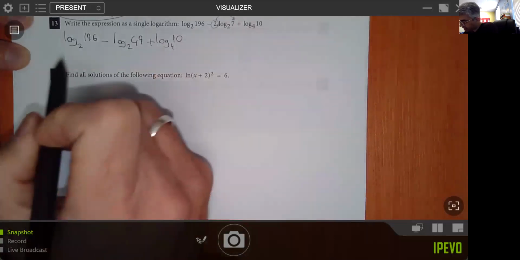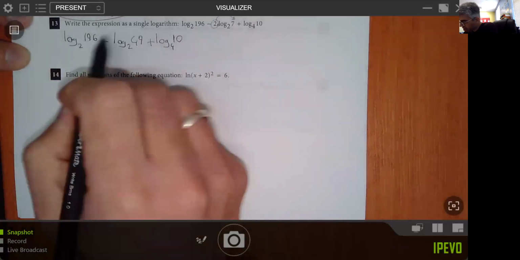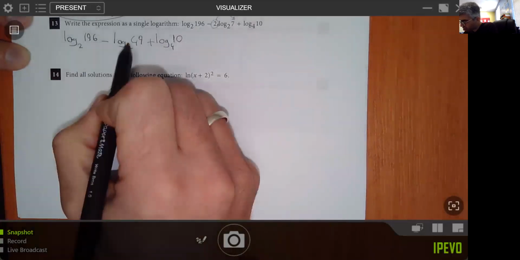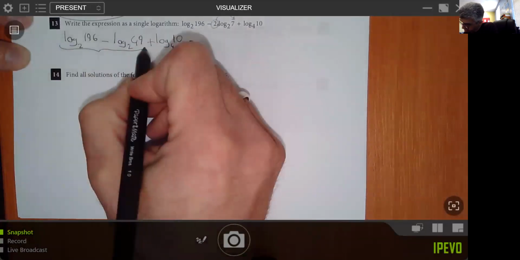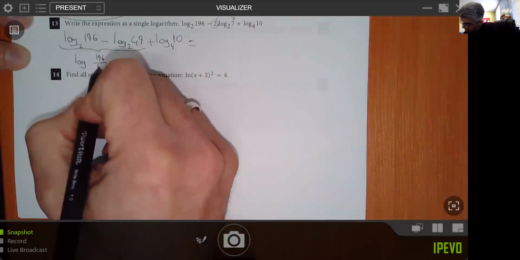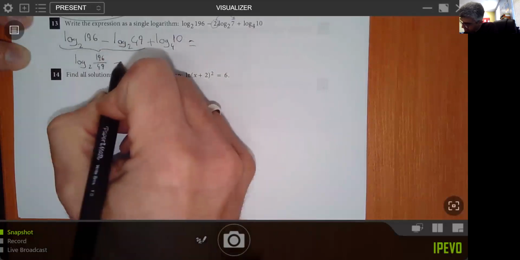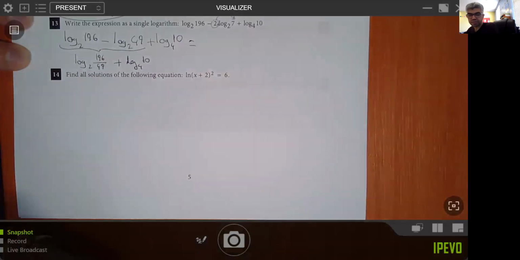So now what I'm doing, attention. Here it's a bit tricky. So from left to right. The first 2, it's this one, log of 196 over 49 base 2. And then plus log of 10 base 4. Right, guys?